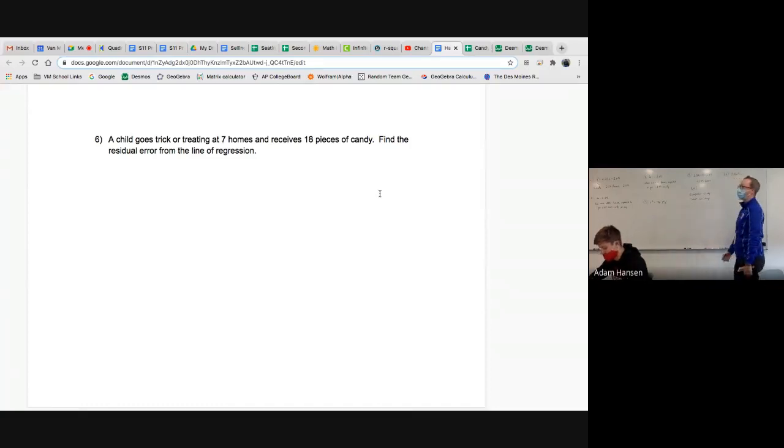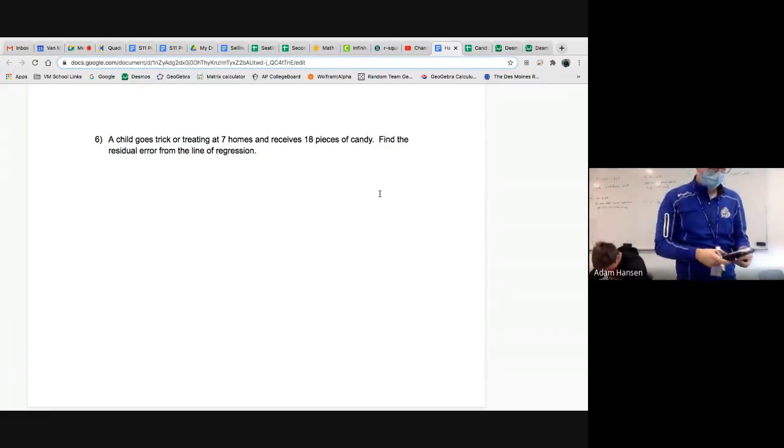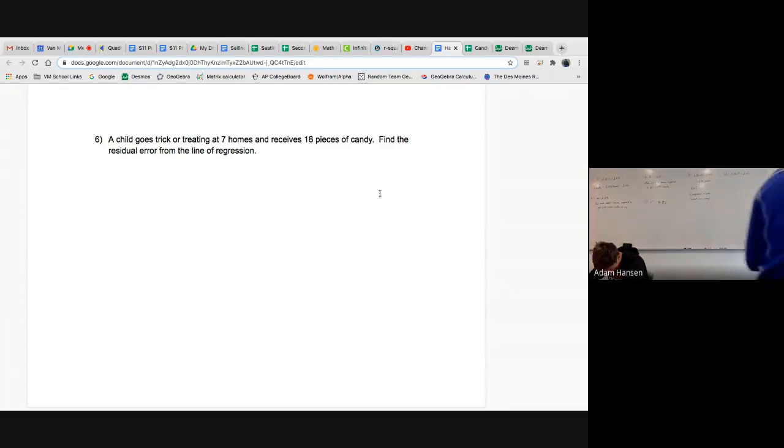I have much more confidence in this prediction because this is within the range of data that I was given. This is interpolation. Minus 2.05. 13.63.